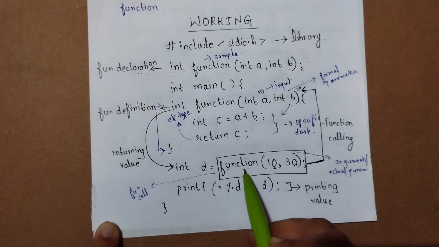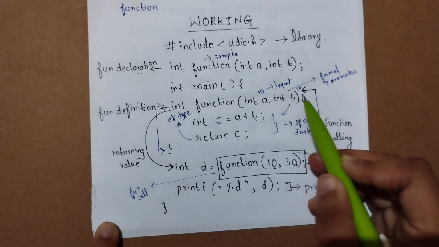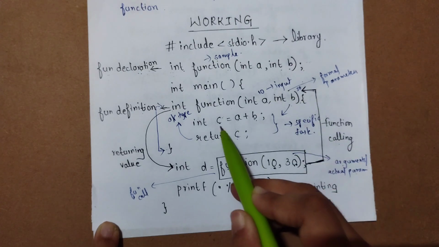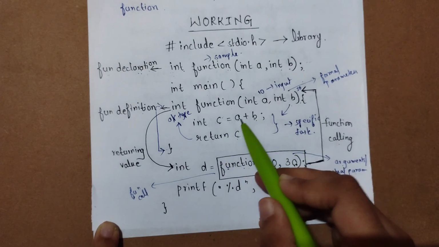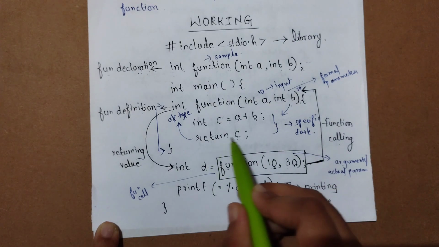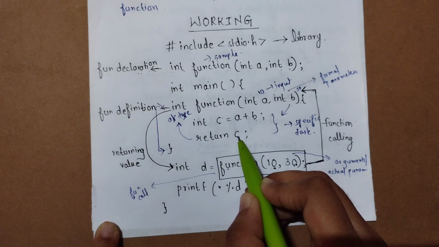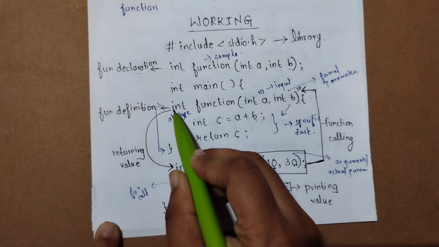Okay, when these statements get executed by the compiler, here a becomes 10, b becomes 30, c equals 10 plus 30. Now return c. Now the output will be 40. So 40 is integer type. So here we wrote integer, right?